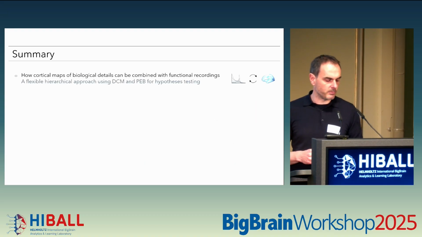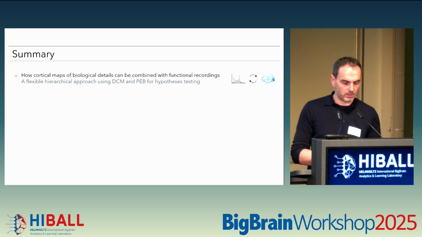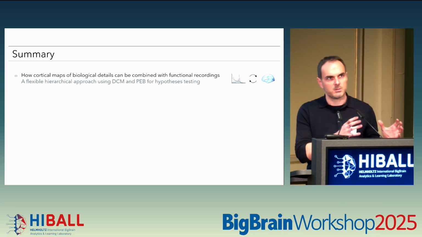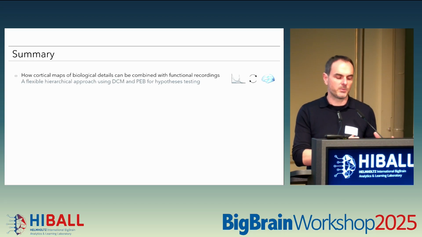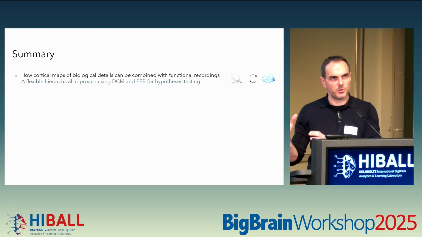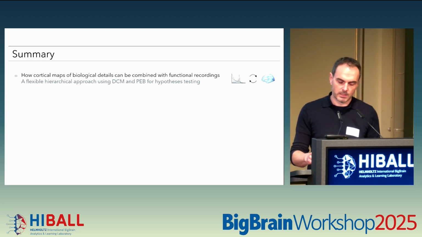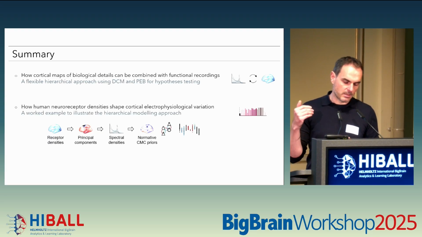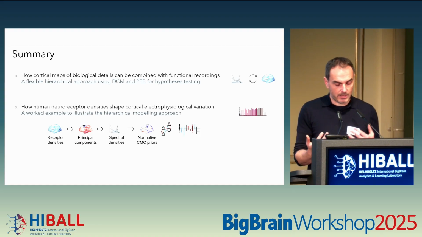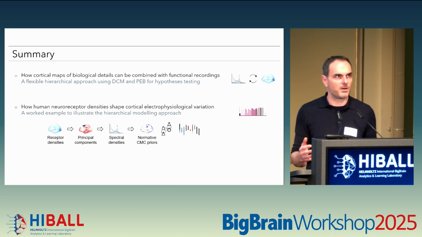Just to summarize, I tried to illustrate two things here. One is the general approach of how one can integrate a generative neural mass model and neurobiological data, which I illustrated with neuroreceptor densities. This is one way. There is a lot of data, EBRAINS has a lot of availability, and Neuromaps has a lot of interesting data sets.